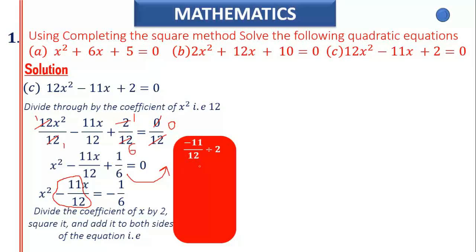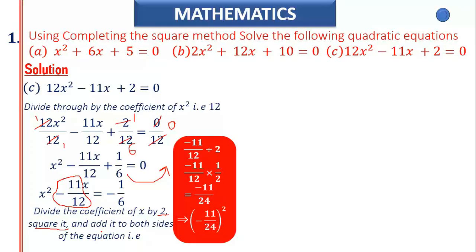Minus 11 over 12 divided by 2 will give us minus 11 divided by 24. Don't forget, we are dividing it by 2, and after that we have to square it. So if you square it, we are meant to have minus 11 over 24 squared. And don't forget, we are not meant to solve that value yet.